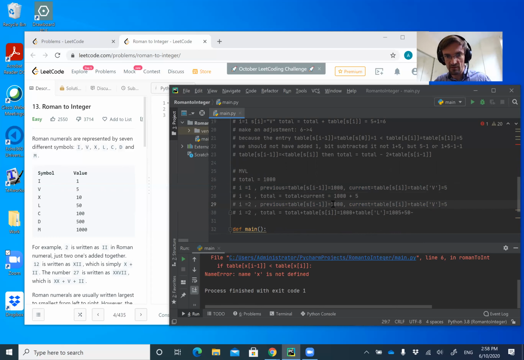The previous is 5. Current position is L, that's 50.